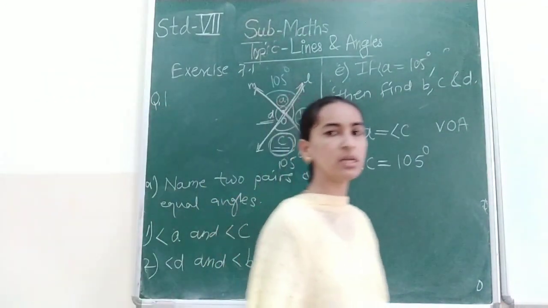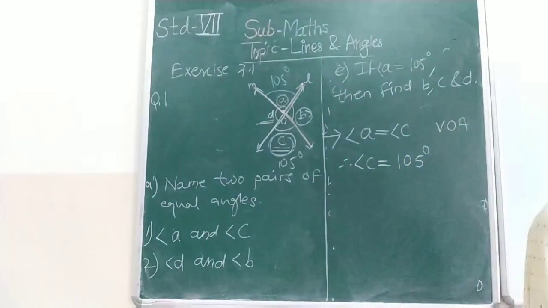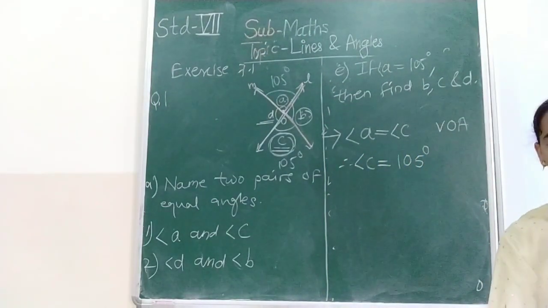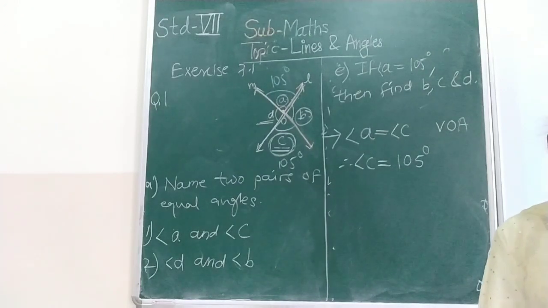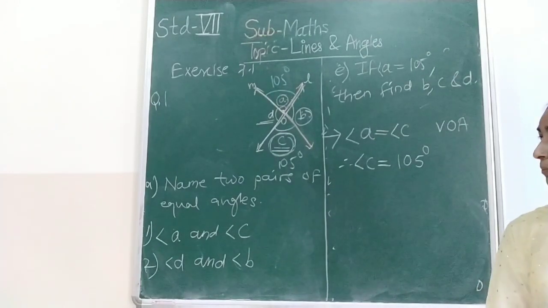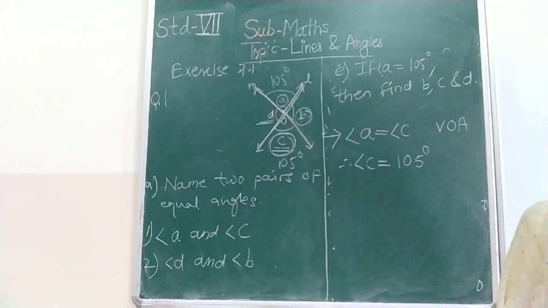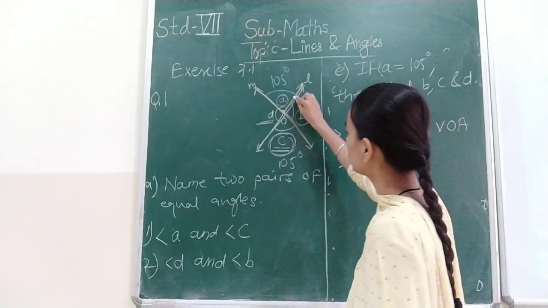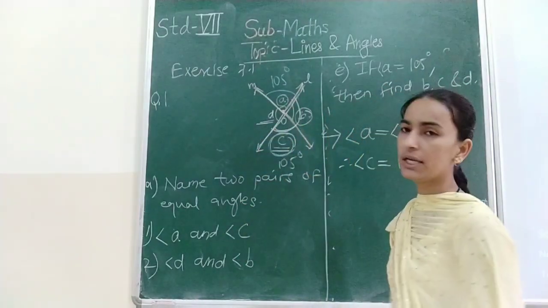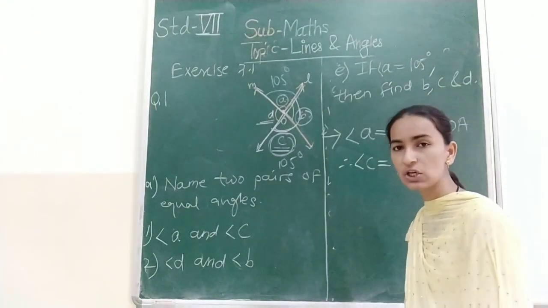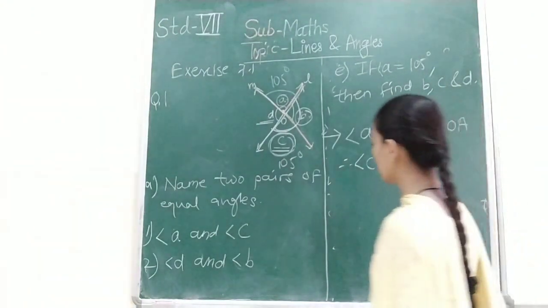Now what about B and D? How are we finding B and D? Yes students, tell me how we are finding B and D. B and D are both adjacent to A and C. See, these two angles form a linear pair, and the addition of a linear pair is 180.